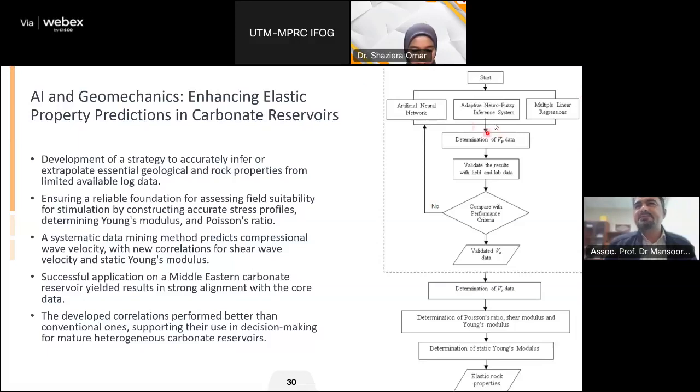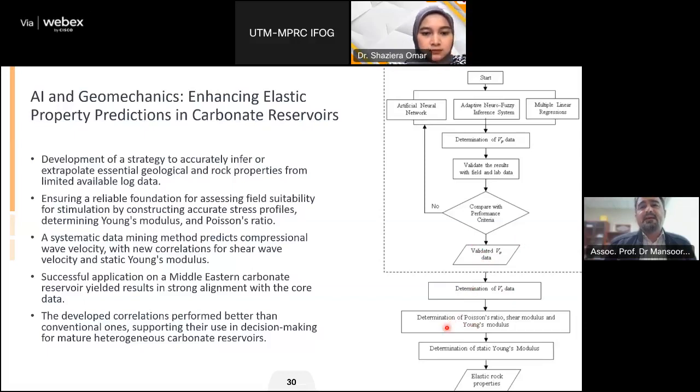As you can see, we use three methods in coming up with VP, or compressional data. After that, we validate the results with leak-off test data and lab UCS data, and then we compare the results. VP was validated by one well log, and then we come up with the VS, or shear data, based on the VP data.